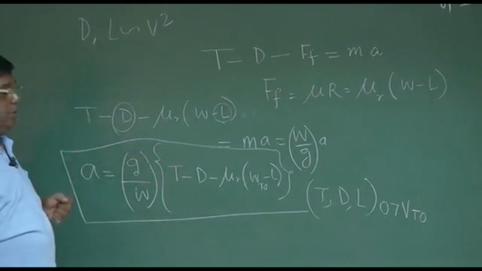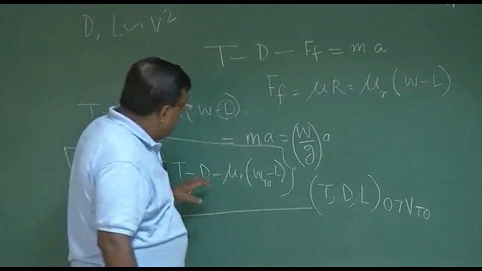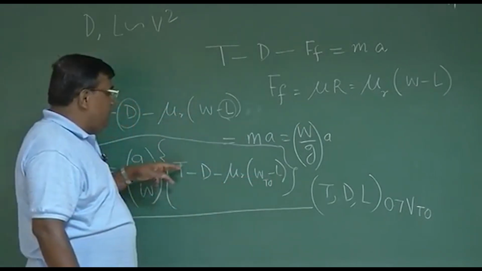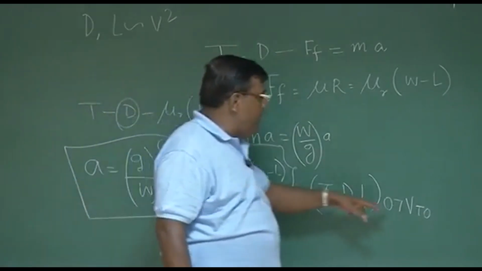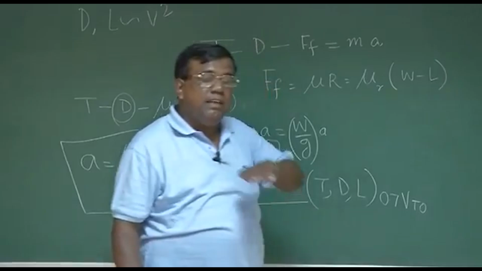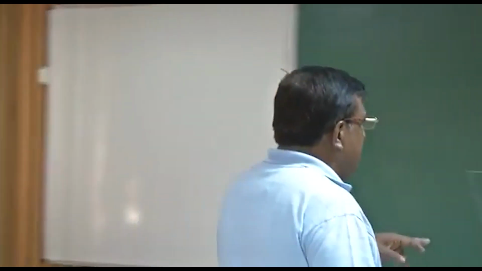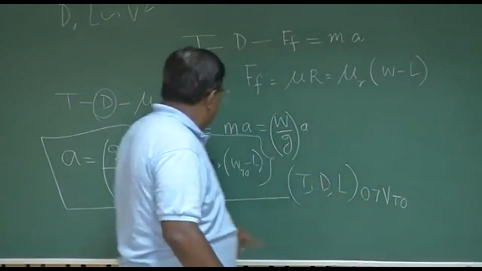But what is found is, if I compute drag and lift and try to give a correction for thrust at 0.7 V takeoff, that is, as if it is moving with an average acceleration, which can be assumed to be constant, evaluated at 0.7 V takeoff.